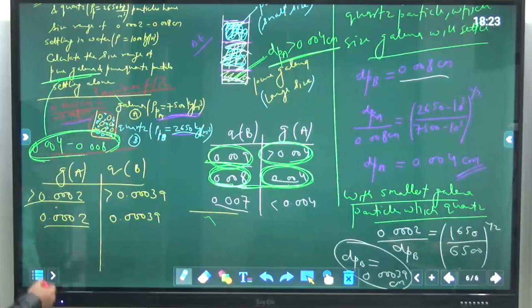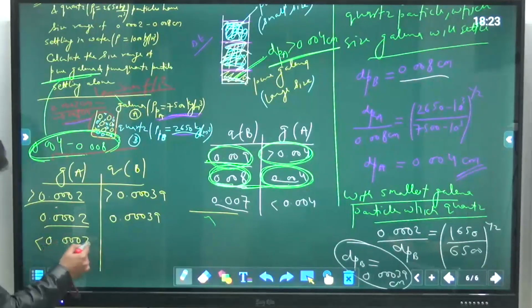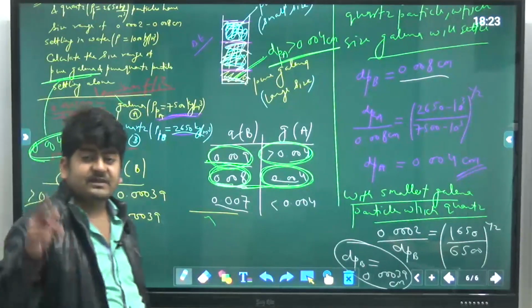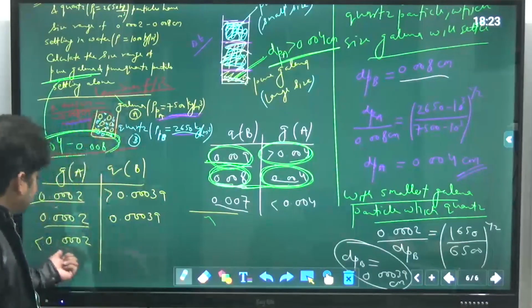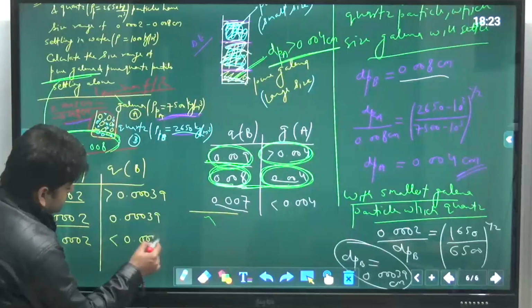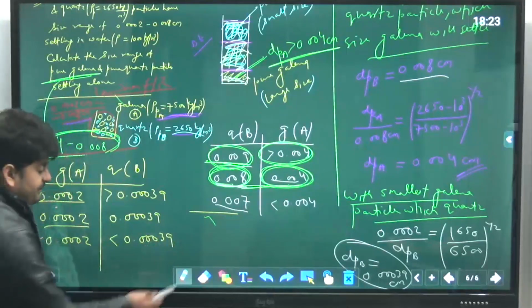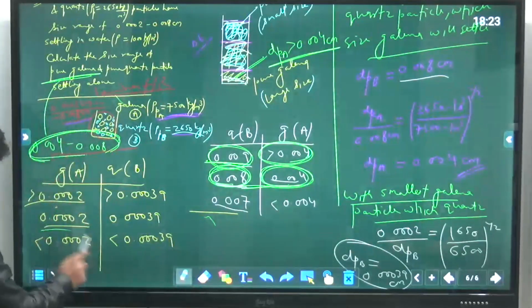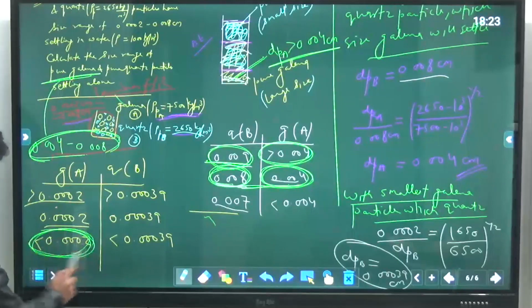Similarly, if the size of galena particle is less than this, the quartz particles with the same velocity will be less than 0.00039 centimeter. But the problem is, we don't have this size of galena particles available, because this is the smallest possible size.